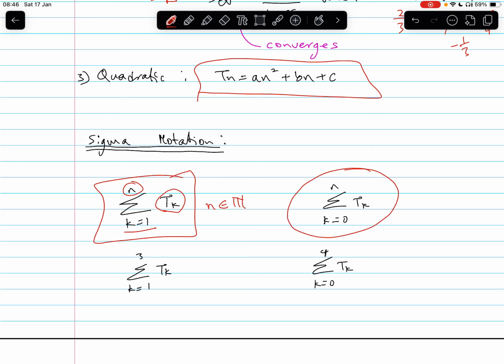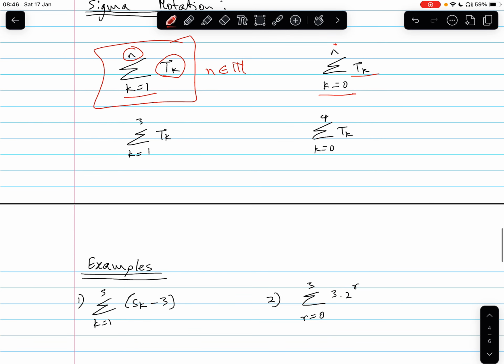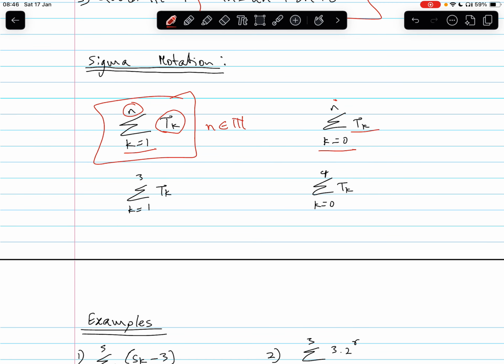And this one is the sum of all the terms Tk from k equals 0 to k equals n. Something important when it comes to sigma notation is knowing how many terms we're actually adding. So let's calculate the number of terms.